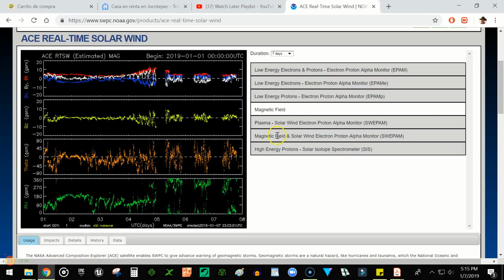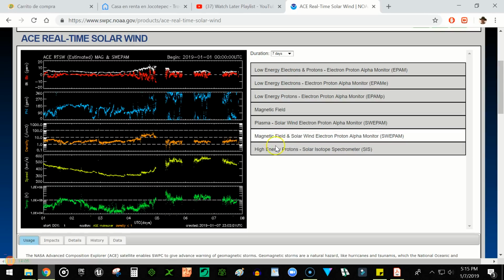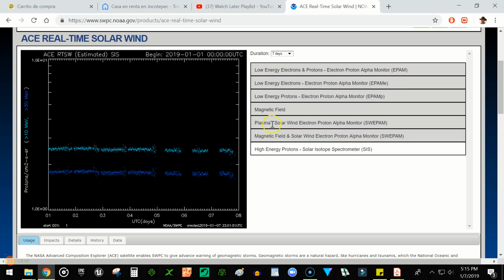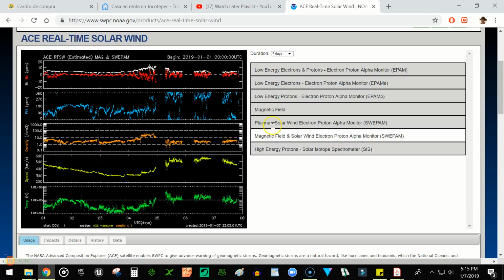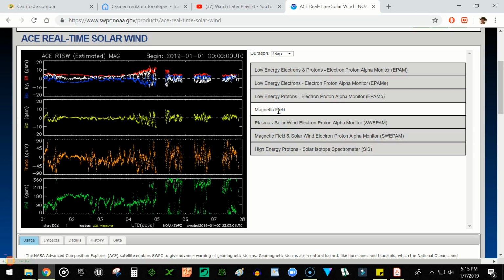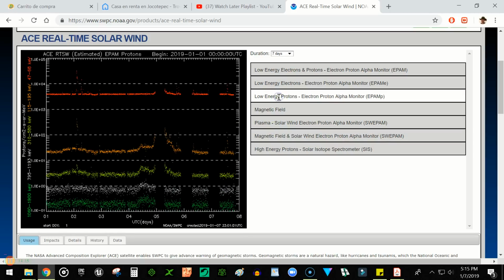And let's see, I think I looked at it further down here. Let's see, where did I find it? I want to say, was it this one? No. Low energy protons. Oh, here we go, this one. Okay, so this is the low energy protons, and the tool is the electron proton alpha monitor, EPAM.